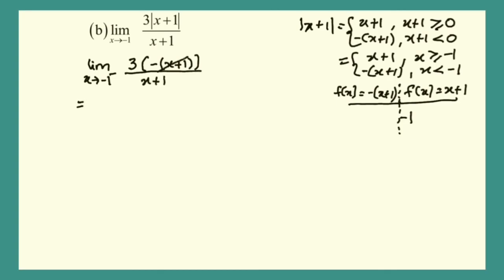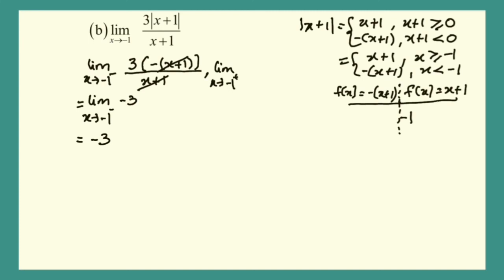Okay, we can cancel x plus 1. Here is the limit of negative 3 as x approaches negative 1 from the left. And then the answer is negative 3. For the right hand limit, here is the limit when x approaches negative 1 from the right.